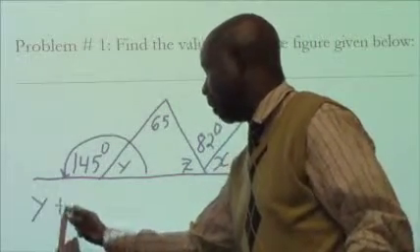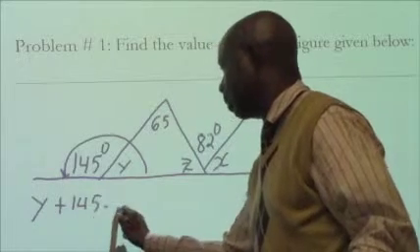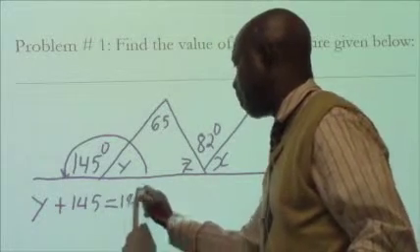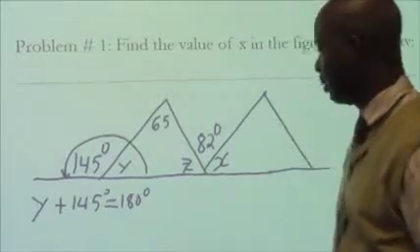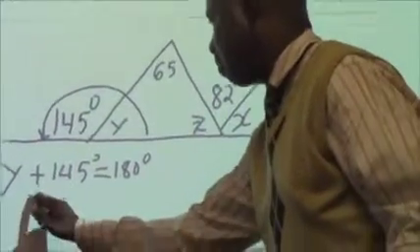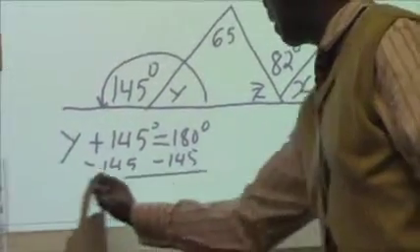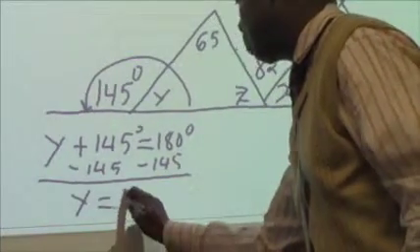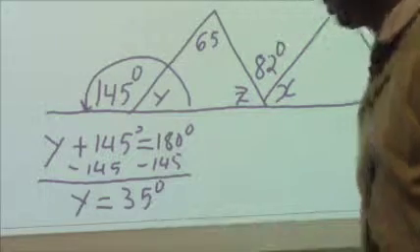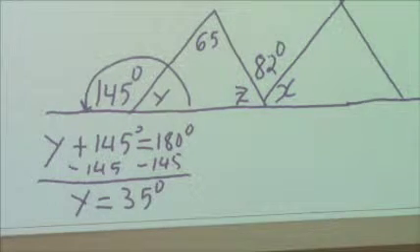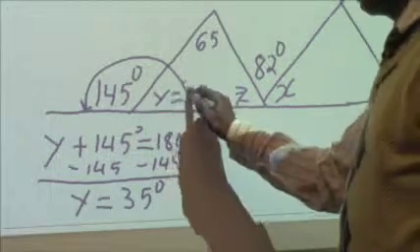So Y plus 145 must be equal to 180 degrees. I can solve by subtracting 145 on both sides, and I have Y equals 35 degrees.